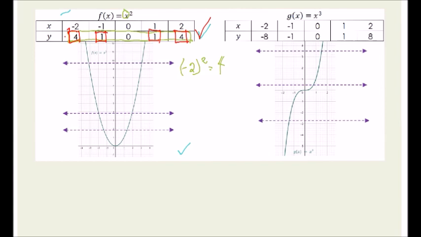Now, if we are presented with the graph of the function, we can also easily tell if it is a one-to-one function or not. So how do we determine that? We use the method called the horizontal line test.